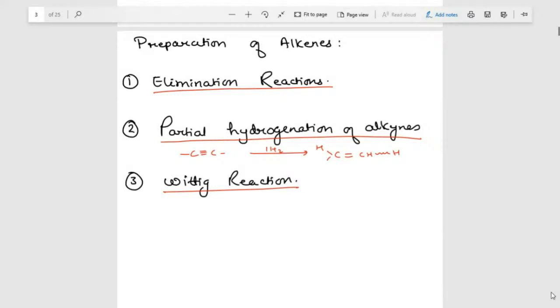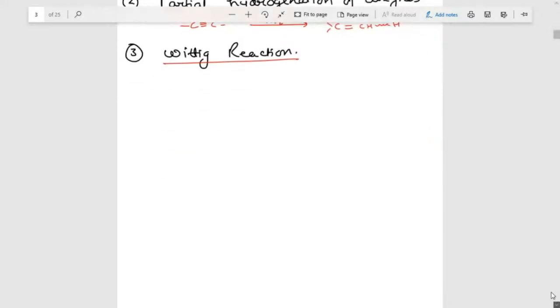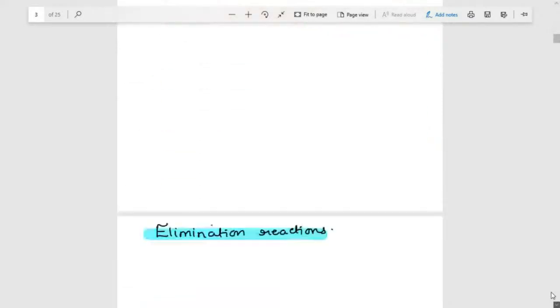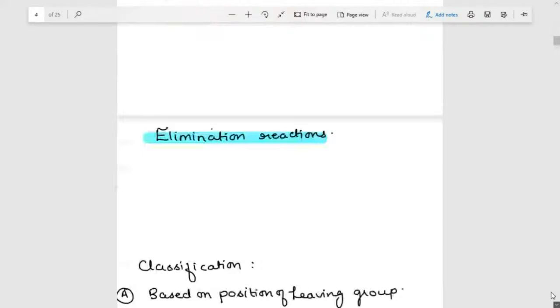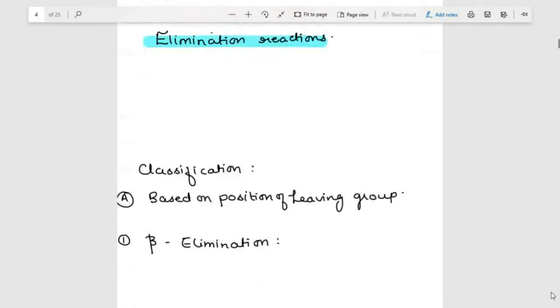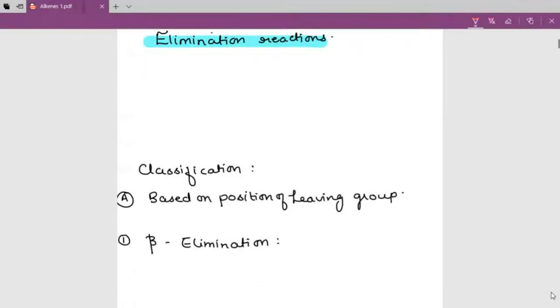Okay, so first let us proceed to elimination reactions. Today we are going to concentrate on elimination reactions only. Now, point number one, what is an elimination reaction?